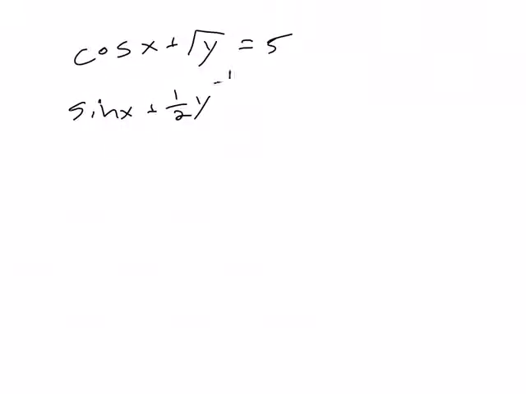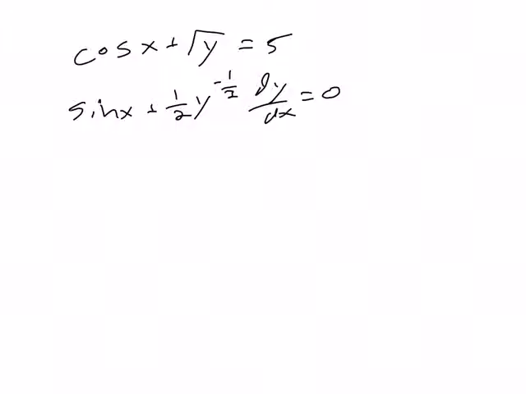Okay, next problem is problem 4. We have cosine x plus the square root of y is equal to 5. So doing the same thing, we get negative sine of x plus half y to the negative a half dy over dx equals 0.